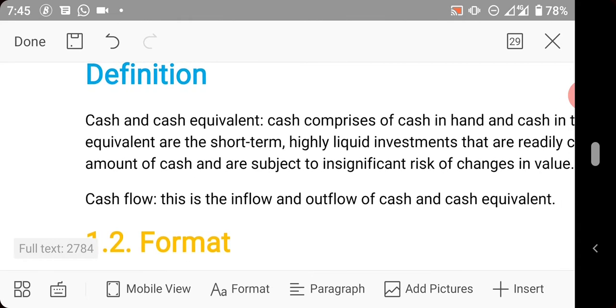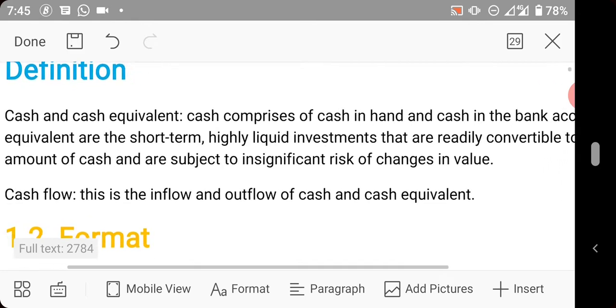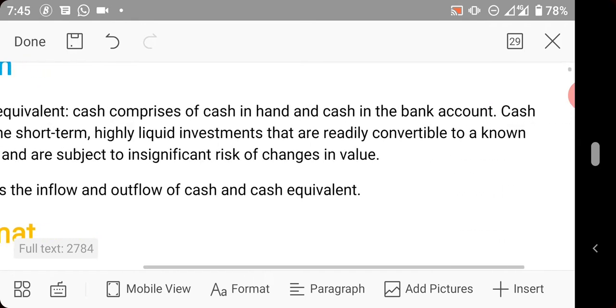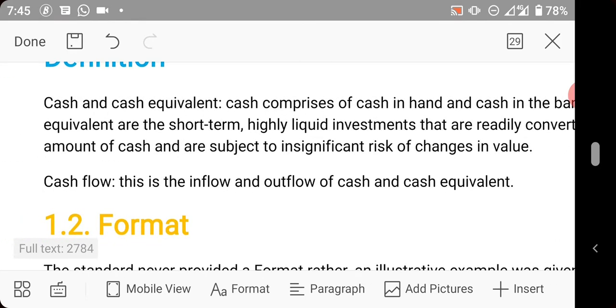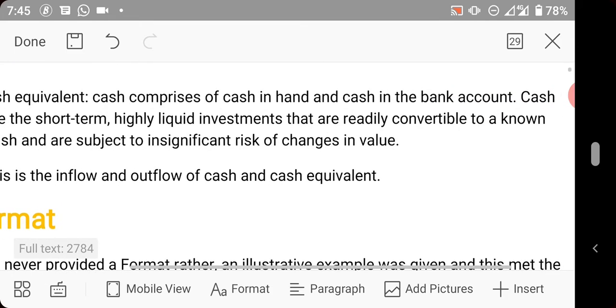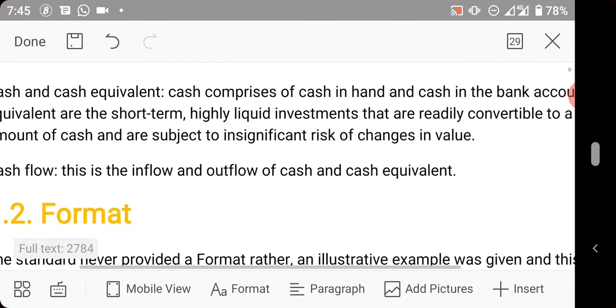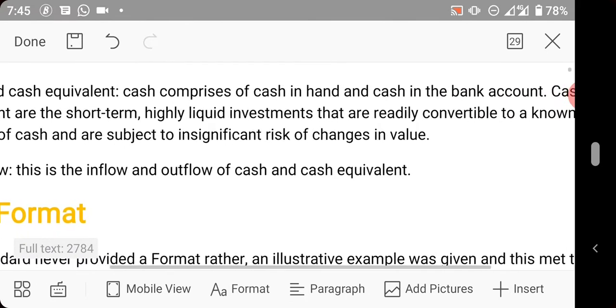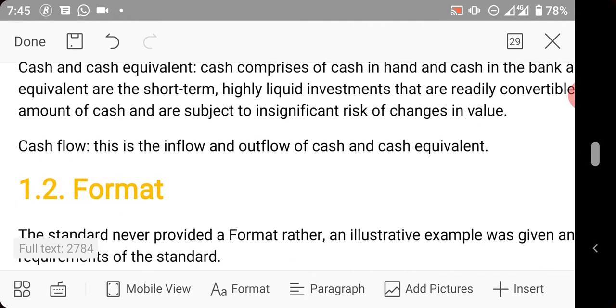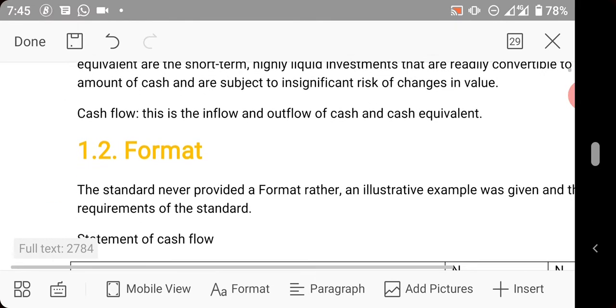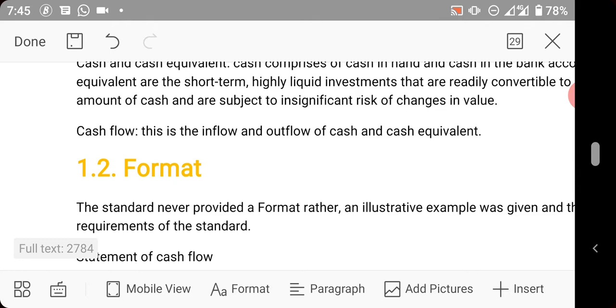Cash and cash equivalents. Cash comprises cash in hand and cash in the bank account. Cash equivalents are short-term, highly liquid investments that are readily convertible to a known amount of cash and are subject to insignificant risk of changes in value. Now, cash flow is the inflow and outflow of cash and cash equivalents. So when we talk about cash, cash is actually the liquid cash that you are holding, that is the money in your hand.